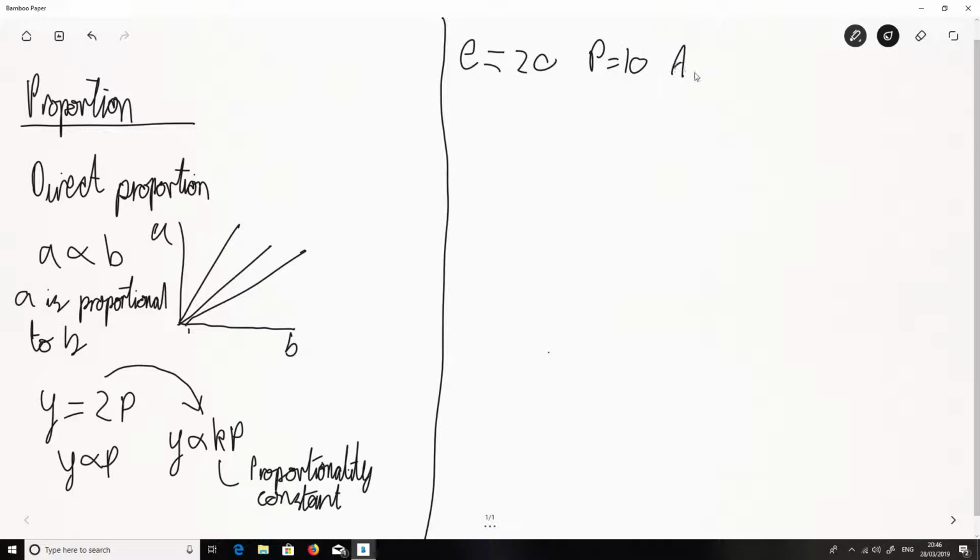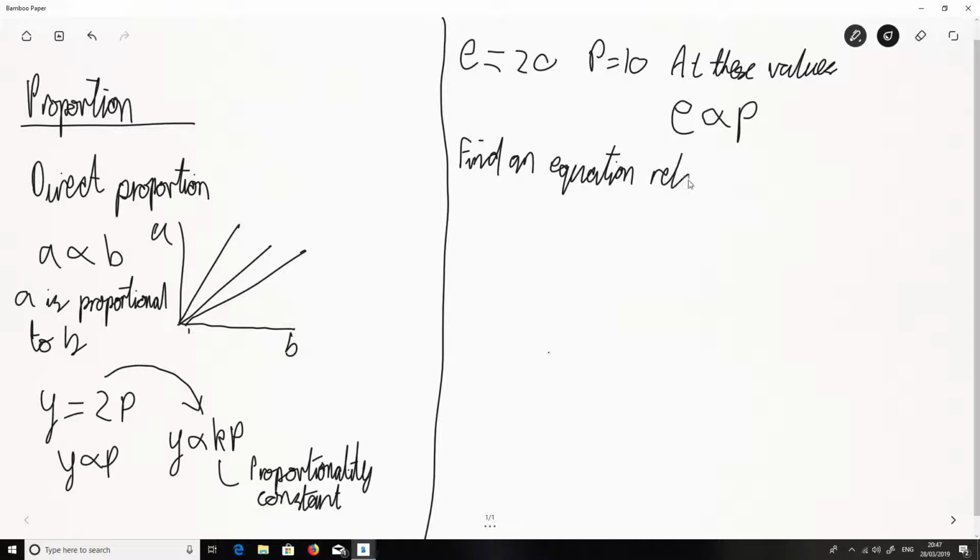Now, at these values, we're told that E is directly proportional to P. So we know it's directly proportional at these two values. And what we want to do is find an equation relating E to P. So that's what the question has given us and what it's asked us to do.